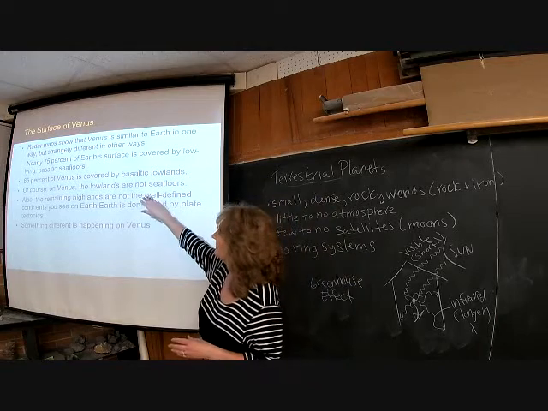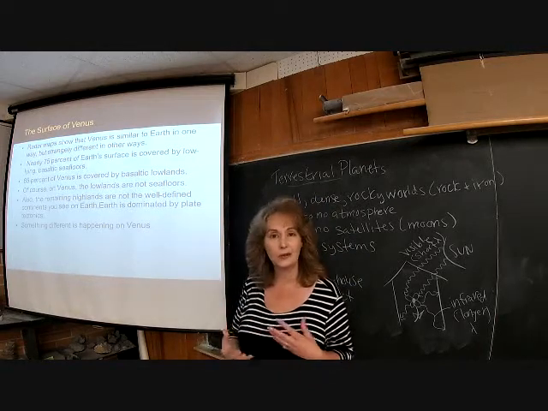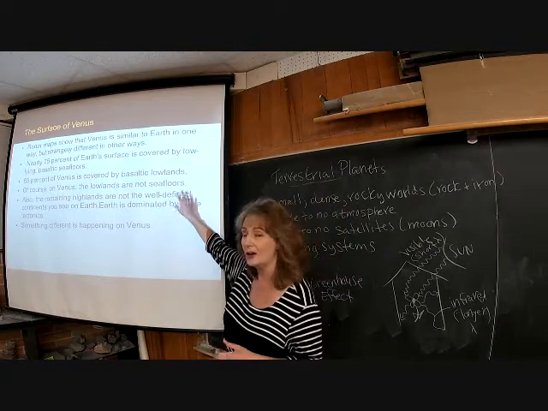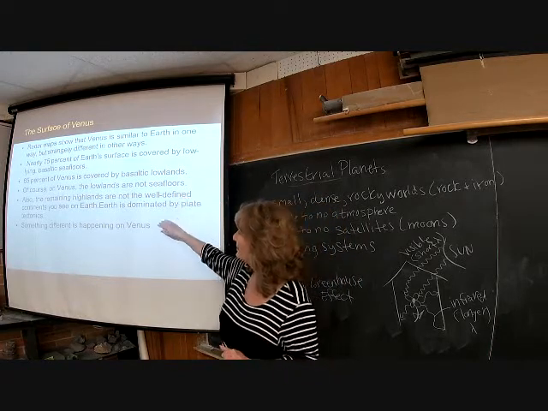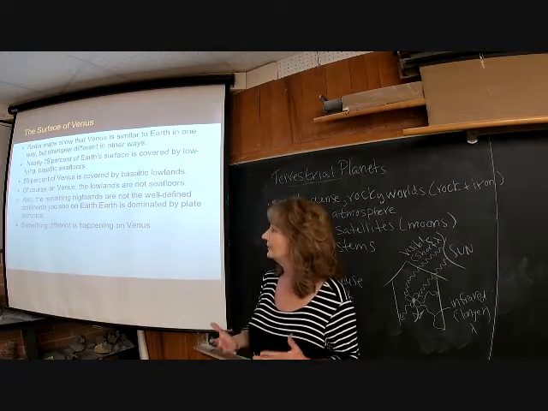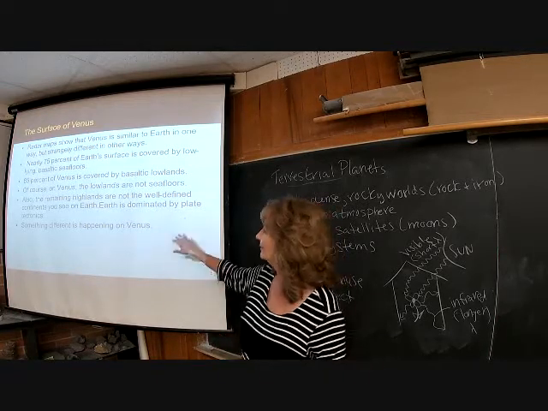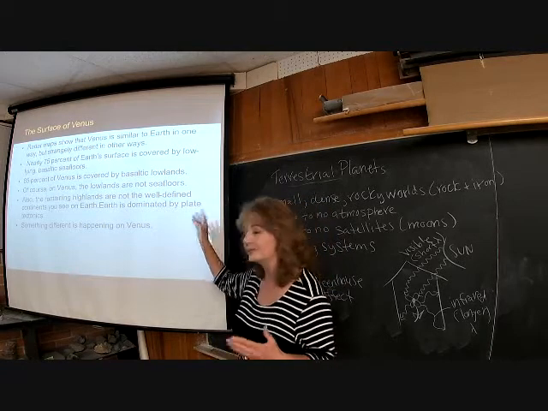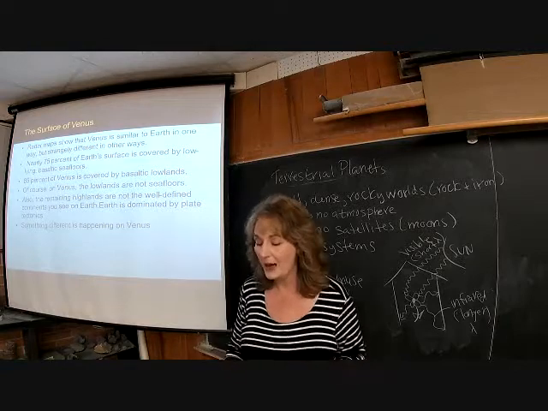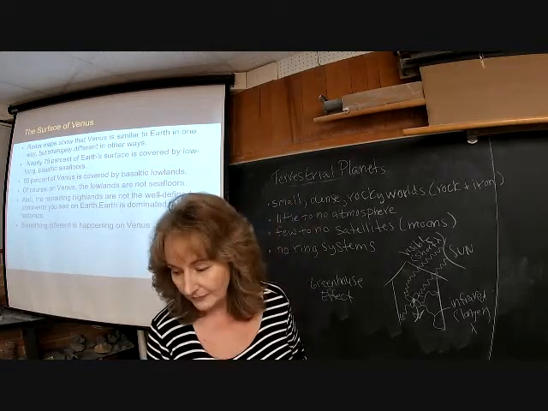Venus, 85% of Venus is covered in that basaltic lava flow, the lowlands in there. They're not seafloors though. The remaining highlands are not the well-defined continents that we see on Earth. Of course, the Earth is dominated by plate tectonics, but something different is happening on Venus.